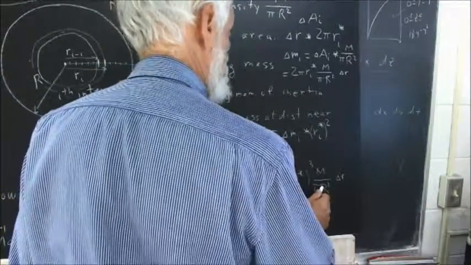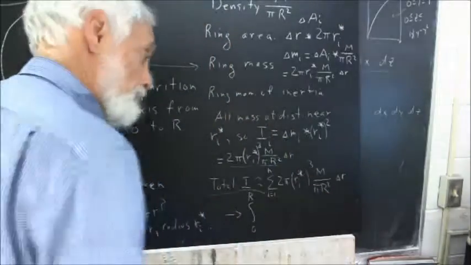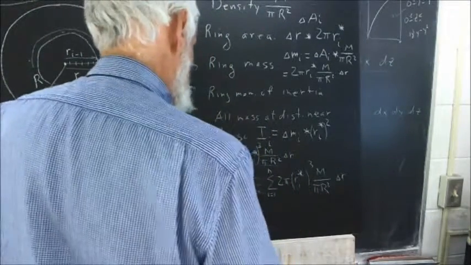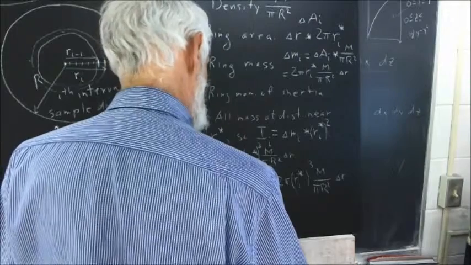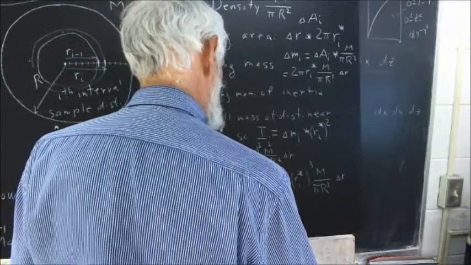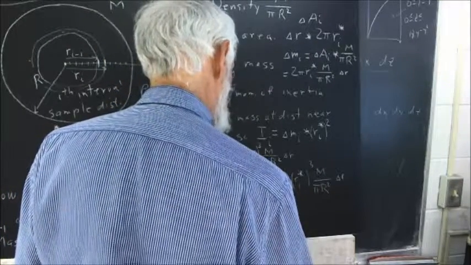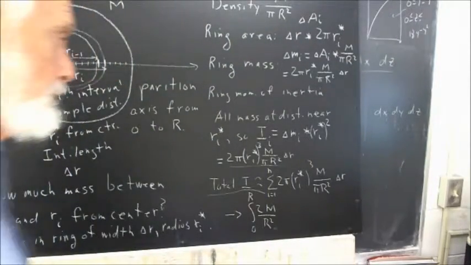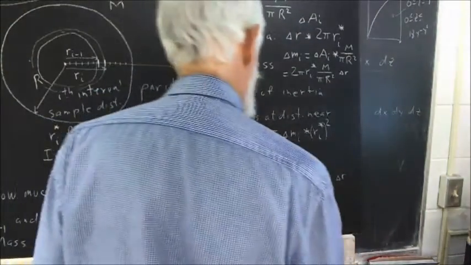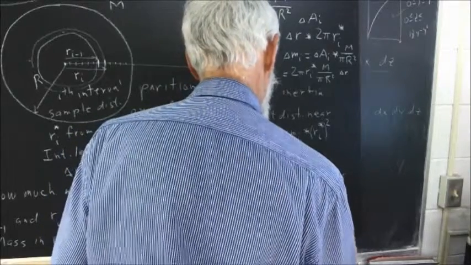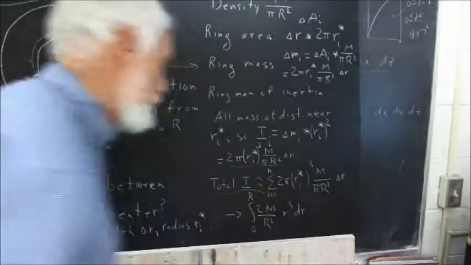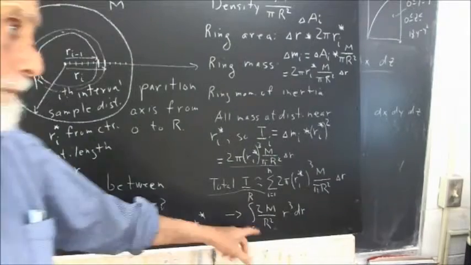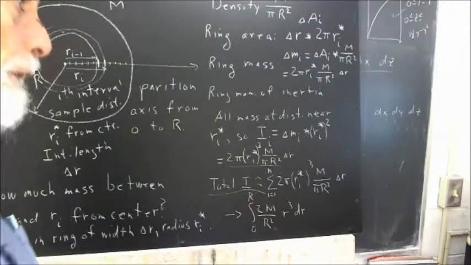The 2 pi over pi, of course, the pi's are going to divide out. And we're going to get, let's do the constant terms first, 2 big M over R squared. And then we'll be integrating r cubed dr.